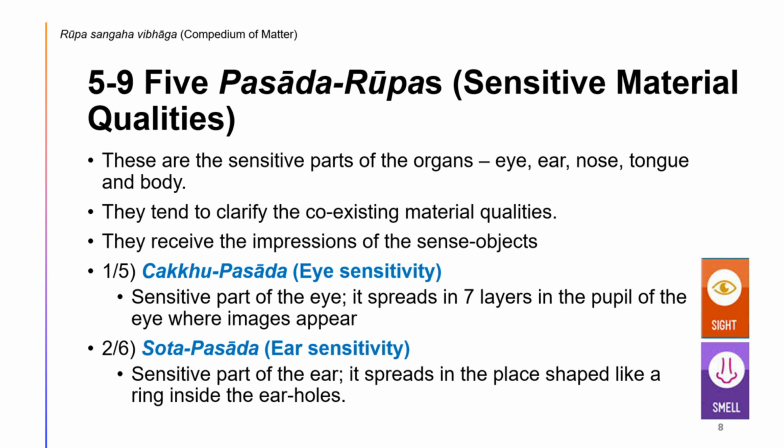These refer to the five faculties, the five senses. They are the sensitive parts of the organs that make our eye, ear, nose, tongue, and body. They clarify and coexist as material qualities, and receive the impression of sense objects.